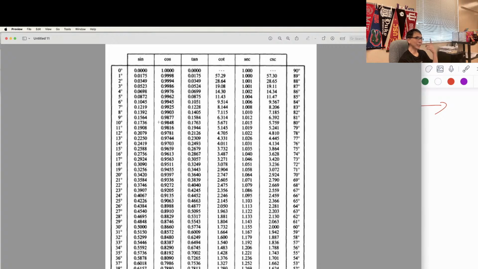So that's why you have to think of a reference angle all the time. .342. Did you look on Google like Sydney did?